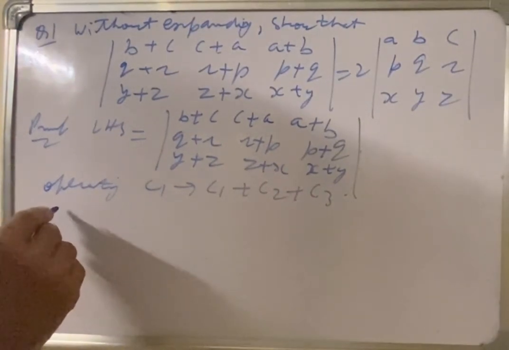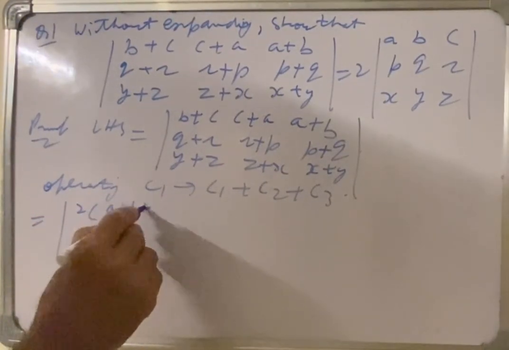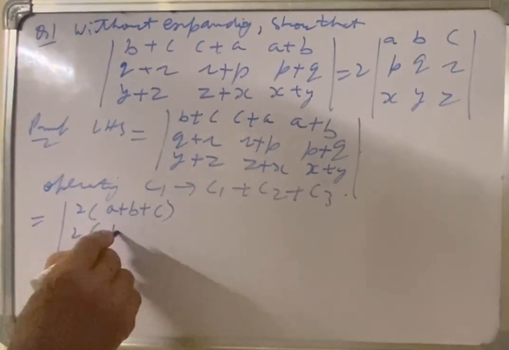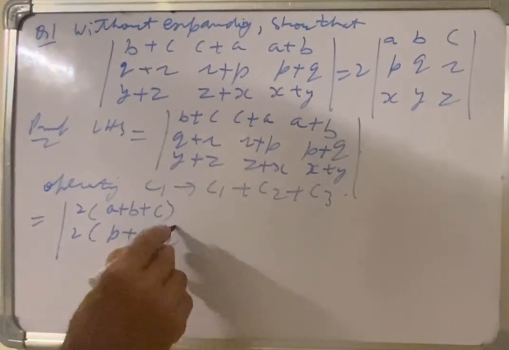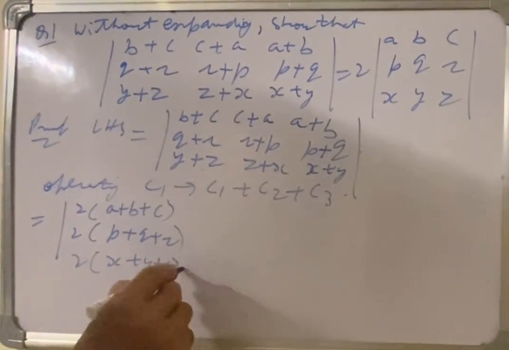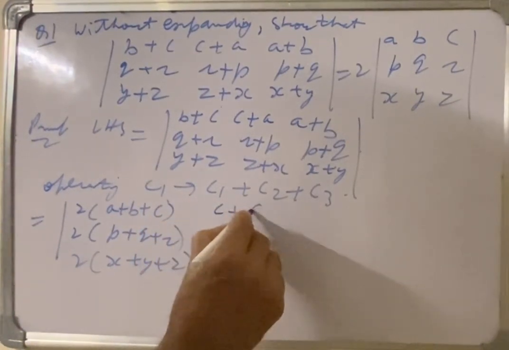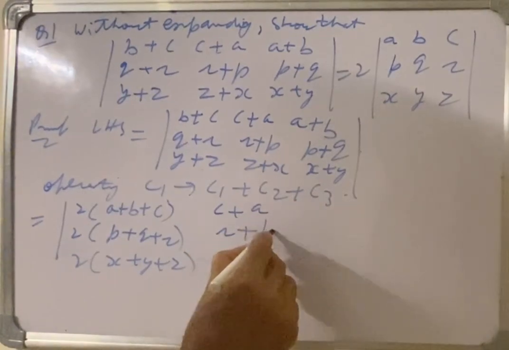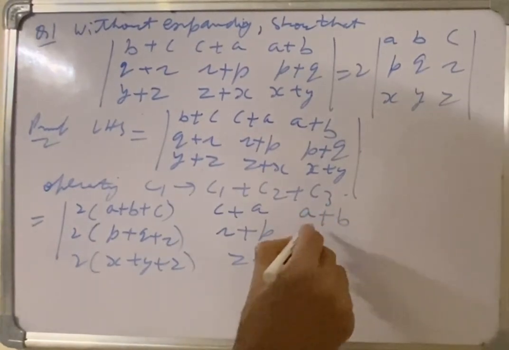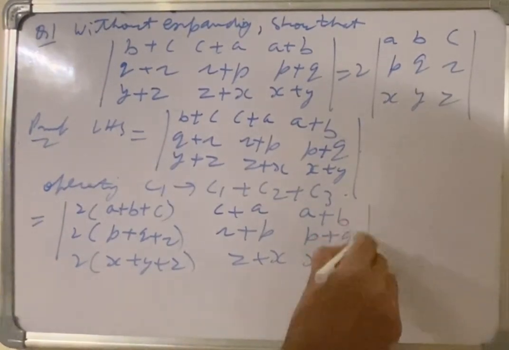So we get 2 common: first column 2 into a plus b plus c, 2 into p plus q plus r, 2 into x plus y plus z. Then the second column is c plus a, r plus p, z plus x. Then the third column is a plus b, p plus q, x plus y.